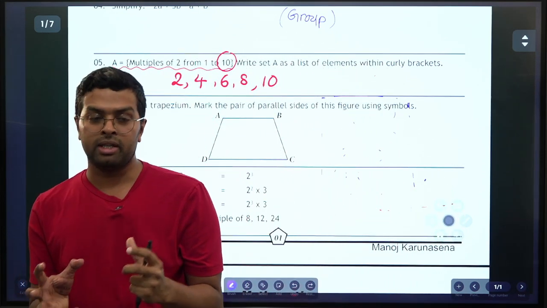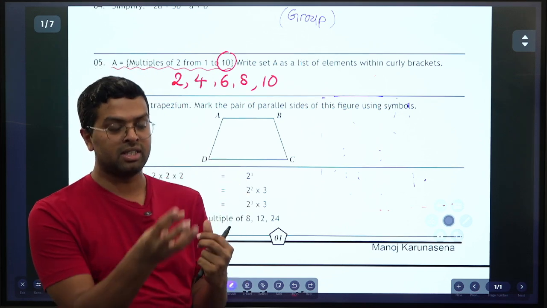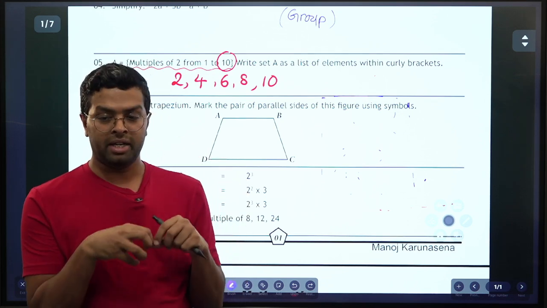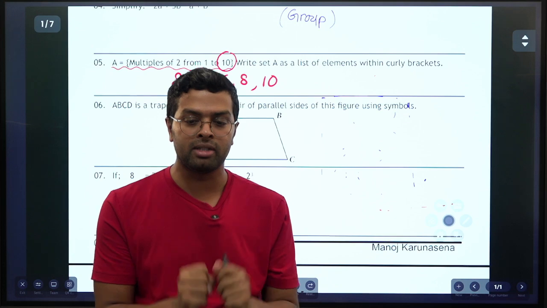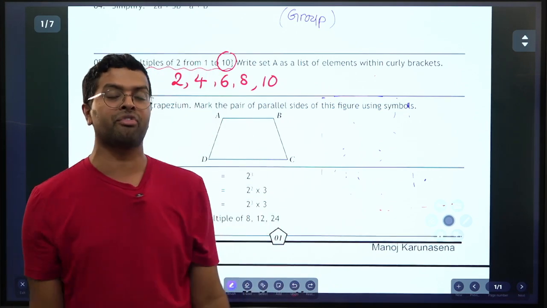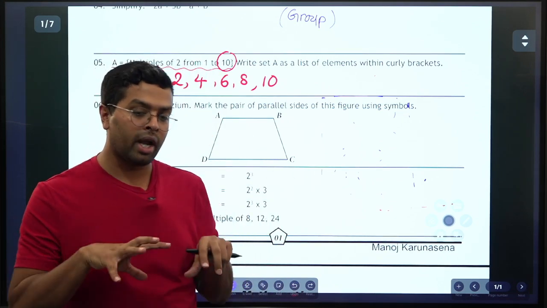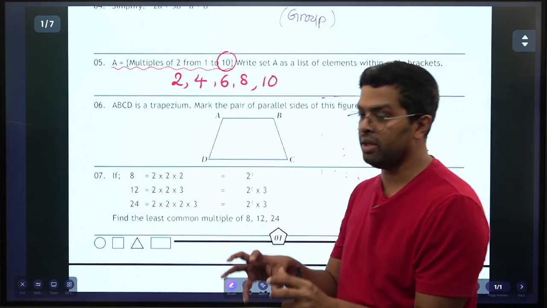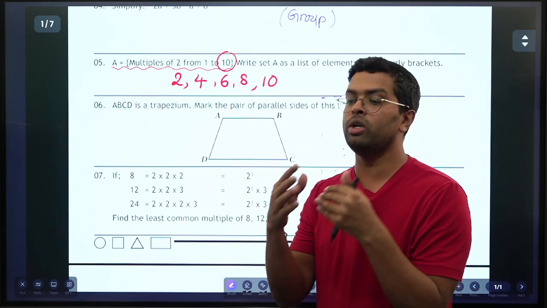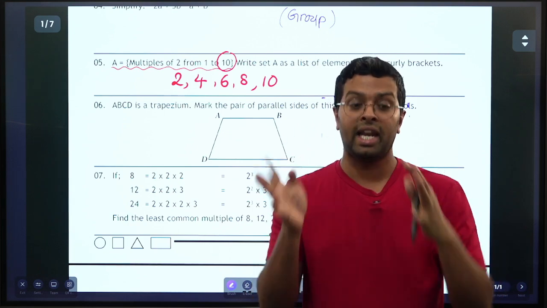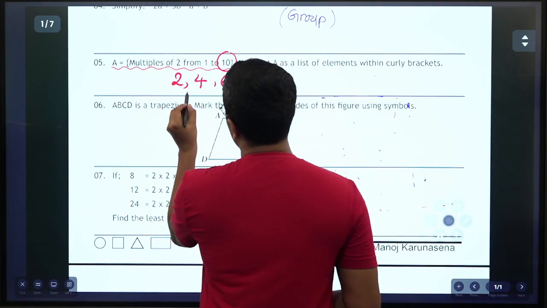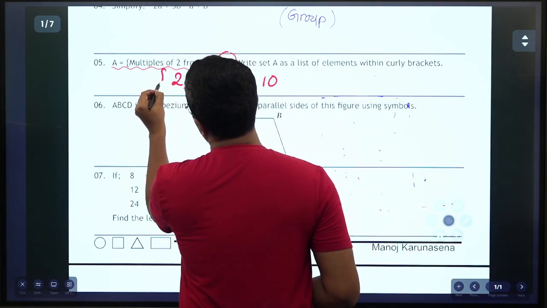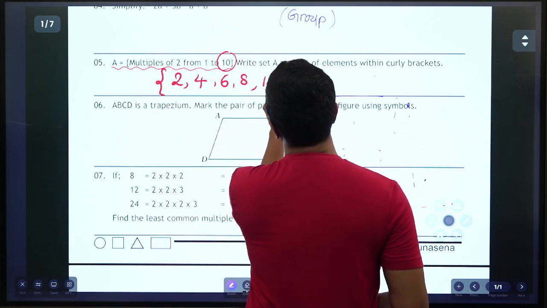When you are writing a set, whatever the things included in a set, we call them elements. So these are the elements of this set. When writing a set, you need to make sure that you write the elements inside a pair of curly brackets.